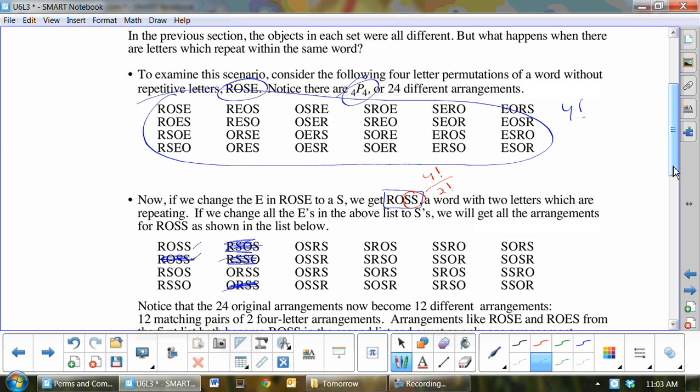What's 4 factorial divided by 2 factorial? You should be able to do that in your head. 24 over 2? It's 12, right? So there's 2 letters that are repeated, you put that down.